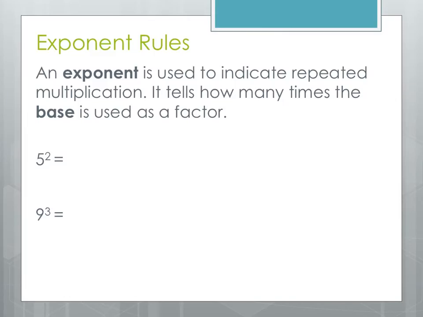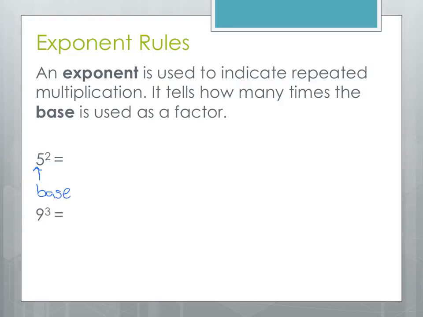Let's start with the definition of an exponent. An exponent is used to indicate repeated multiplication. It tells how many times the base, which is the big number, is used as a factor. So in this first example, our base is going to be 5, so this is the number that's going to be repeated.